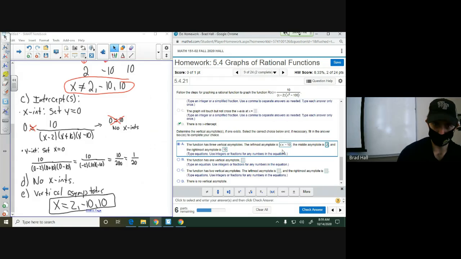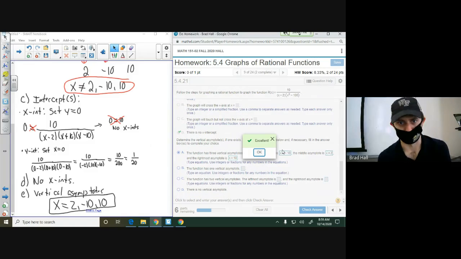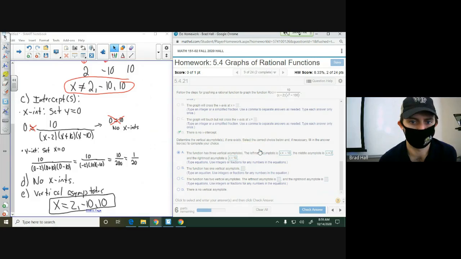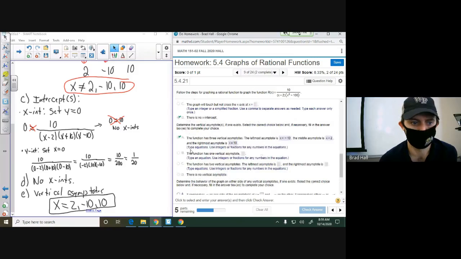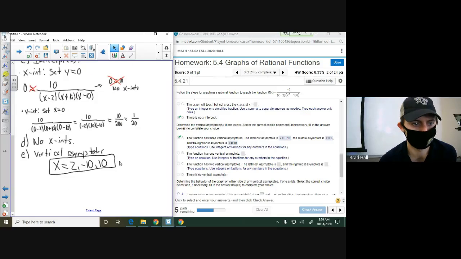X is equal to, as you can see, I do it too. So just a nitpick. So those are the 3 asymptotes.